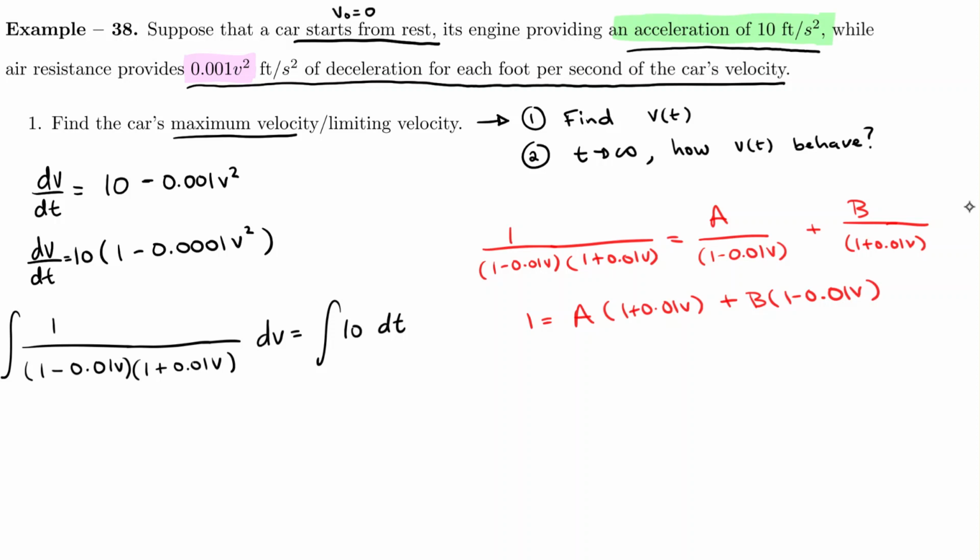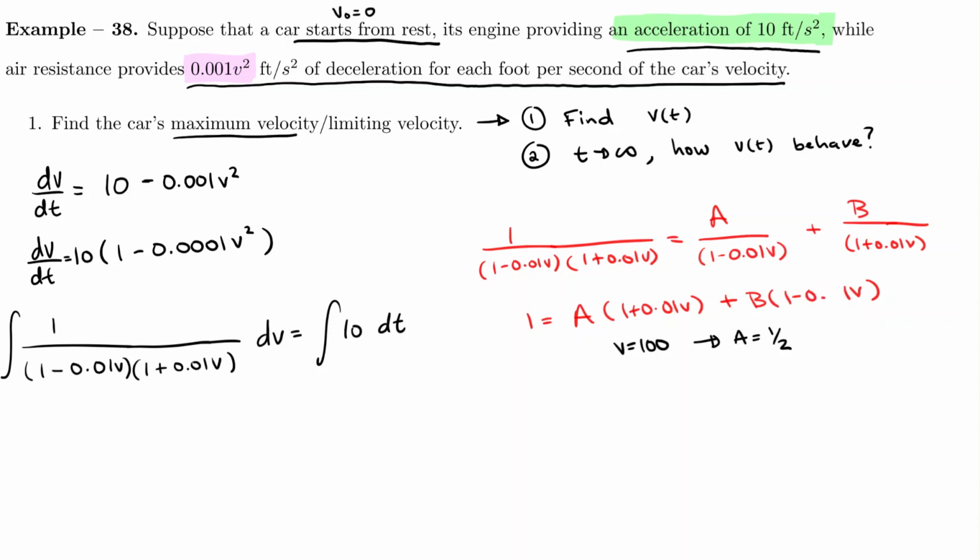Now if I plug in 100, what that's going to do is 100 times 0.01 is 1. 1 minus 1, that's going to cancel this term. And then we're going to end up with 1 plus 1 times a equals 1. So that tells me that a should be 1/2.